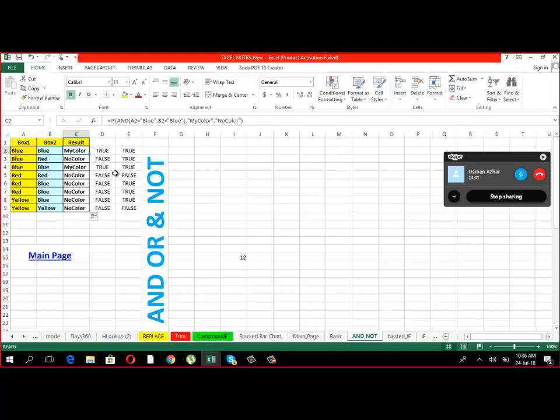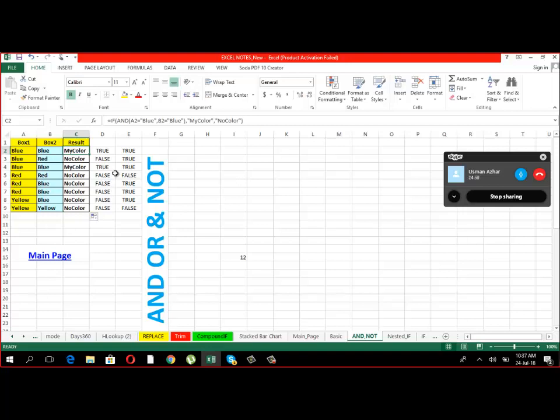AND is important: both should be blue, all should be blue. And OR means only one, either should be blue. Just remember OR with either.